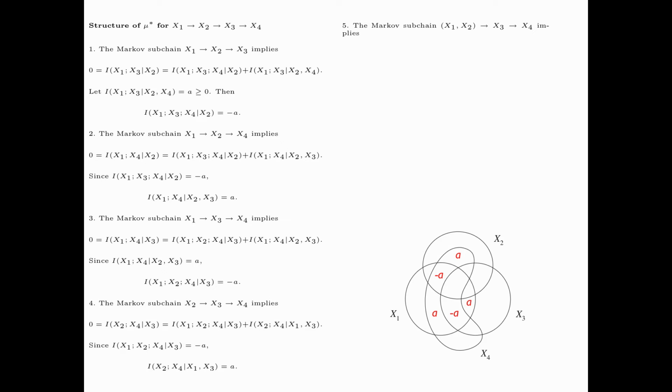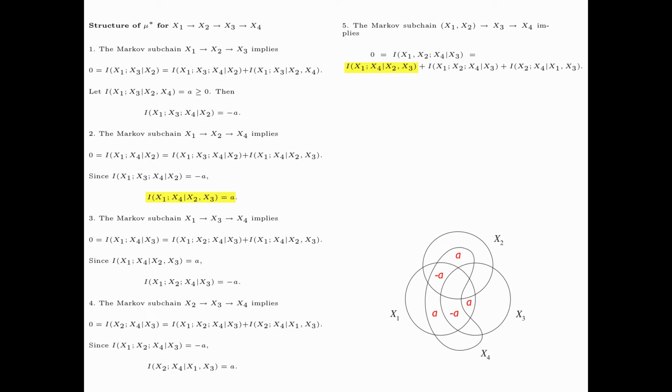Finally, we consider the Markov subchain x1, x2 together, x3, and x4, which implies I(x1, x2; x4 | x3) is equal to 0. Now this conditional mutual information can be written as the sum of three information measures.